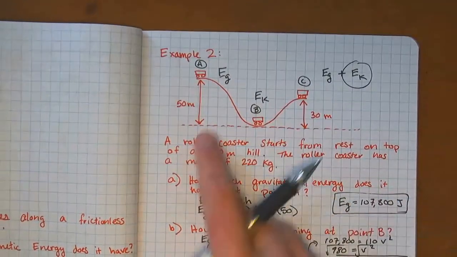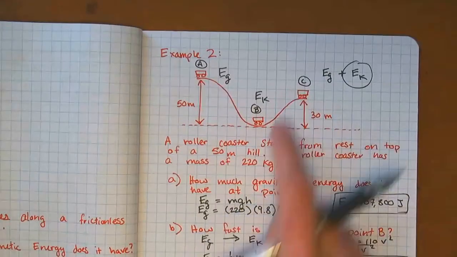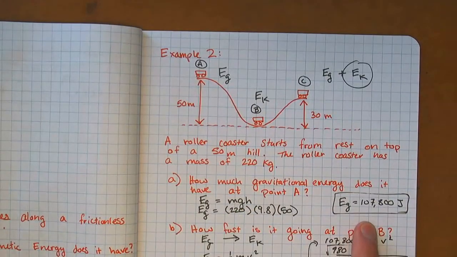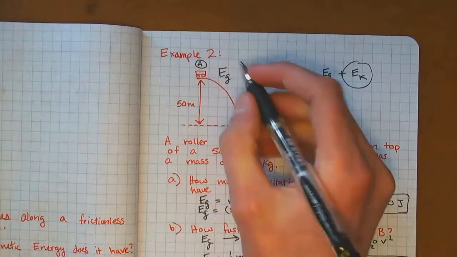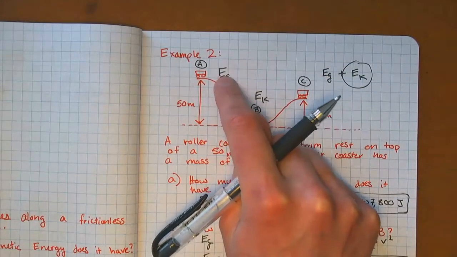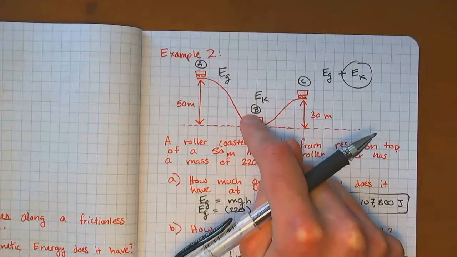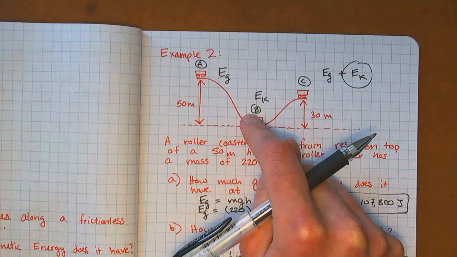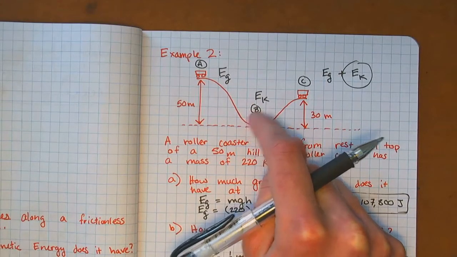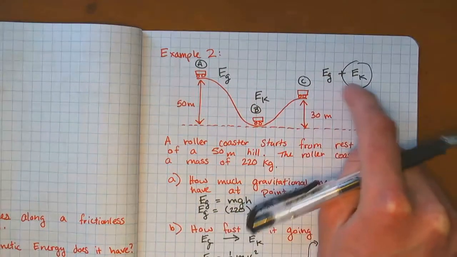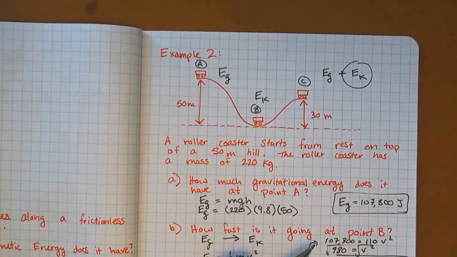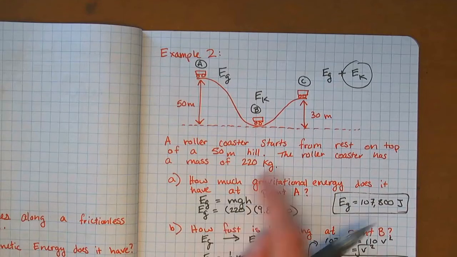What I know is that all the way throughout, I'm going to have 107,800 joules of energy. I had 107,800 joules of gravitational energy, then 107,800 joules of kinetic energy, and together those add up to 107,800 joules.